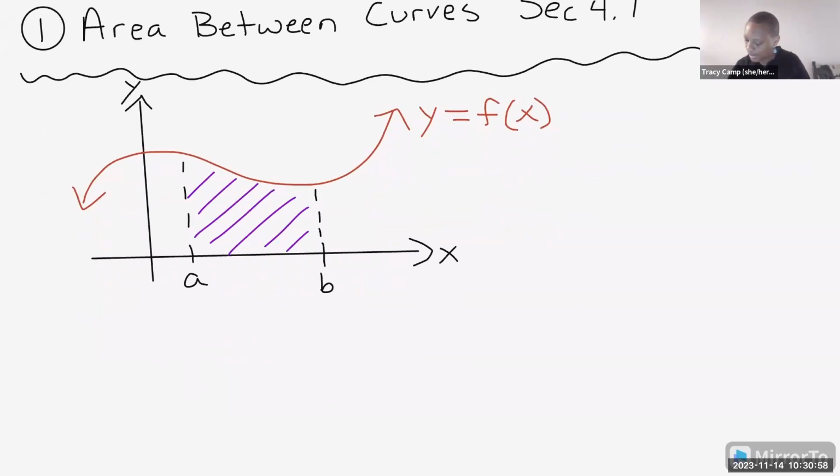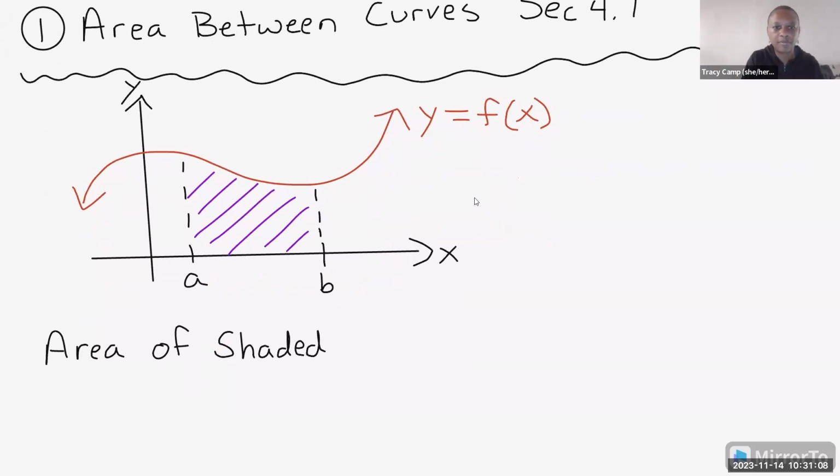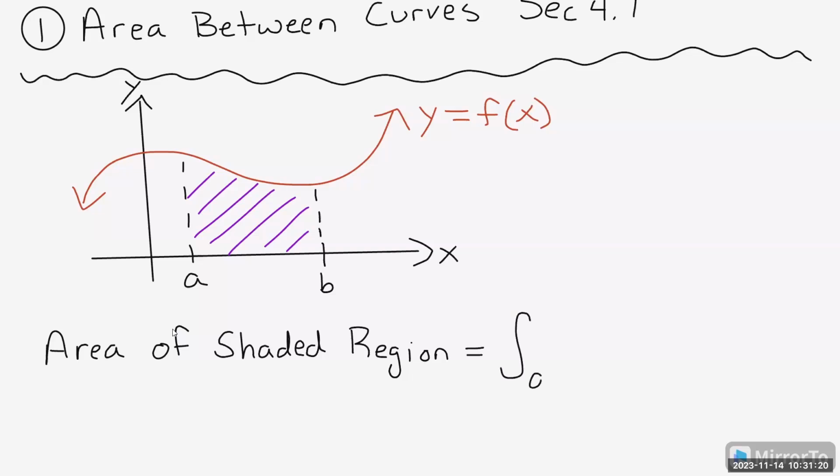So I can say area of the shaded region. Oh, you know what? Let me turn off my video. I want to make sure I'm not covering anything up. So the area of that shaded region can be represented by the definite integral from a to b of f of x dx.